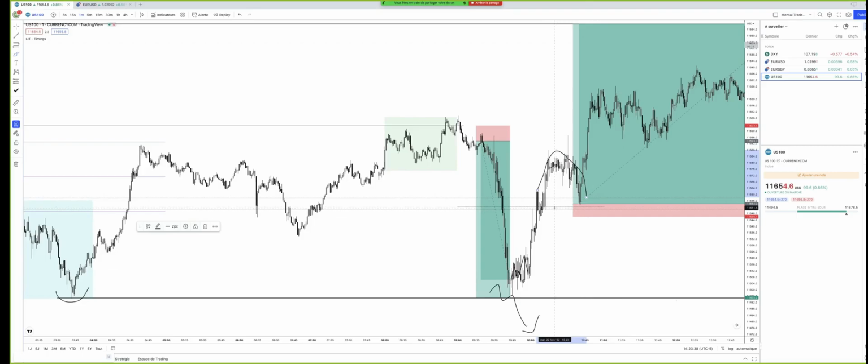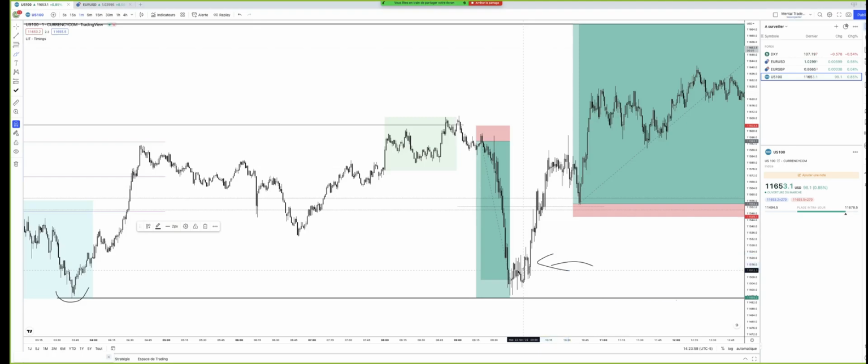After that, price came back to this valid OB, but this valid OB is at the 50%. You can see this little dark line. This is the 50% of the equilibrium. The algorithm doesn't want to buy again here, because the money transfer was made here.